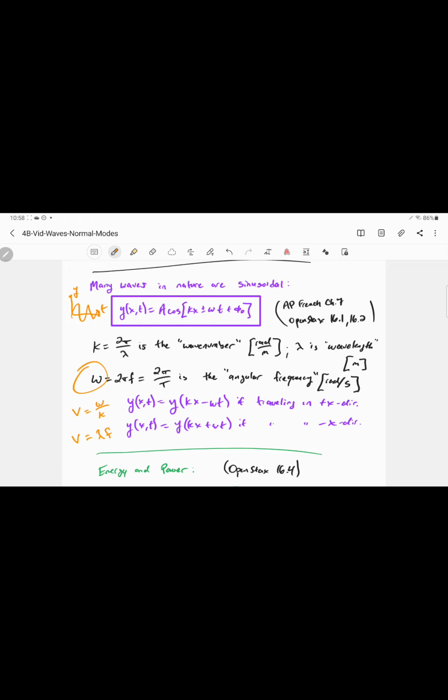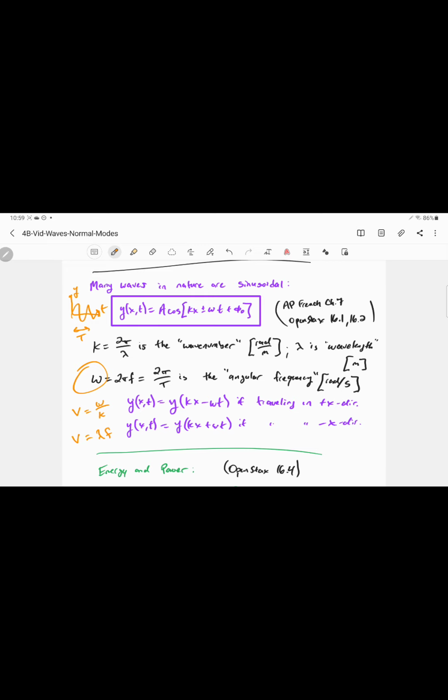This is called a history graph. y versus t is a history graph. Versus before, when I was talking about taking a picture, that's called a snapshot. That's when you freeze time, right? You take a picture. That's a certain moment in time, and you're looking at y versus x. That's a snapshot. This is a history graph right here. So for a history graph, this is the period. It's how long it takes for one particle to come back to its original position.